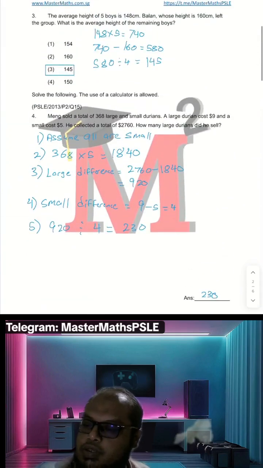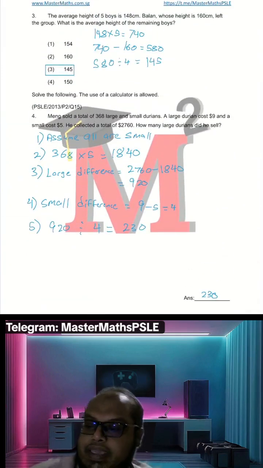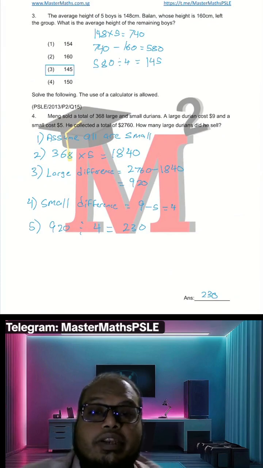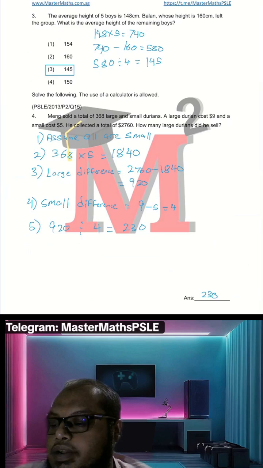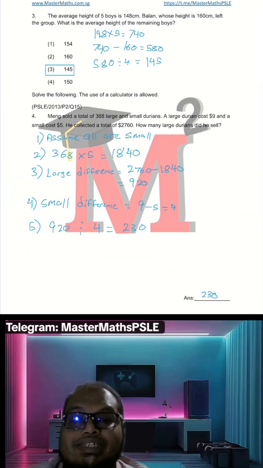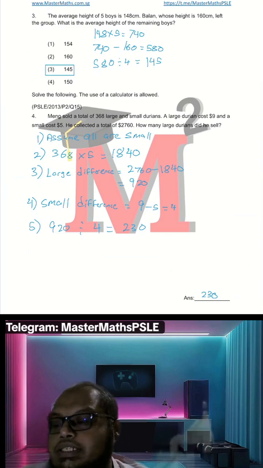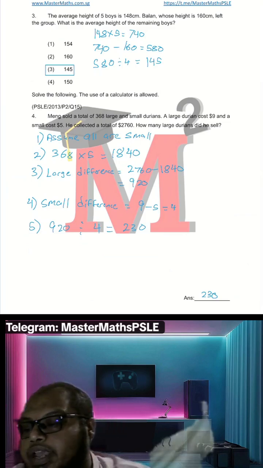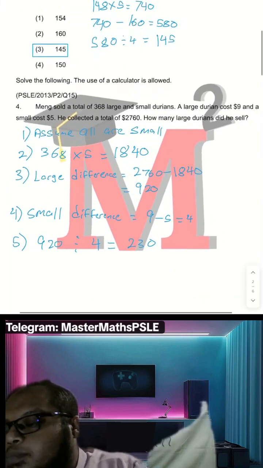Okay, now we go to question 4. Question 4 is another basic assumption, because the amount of money collected is just the addition between the large and small durians. For large durians, we firstly assume that all are small.